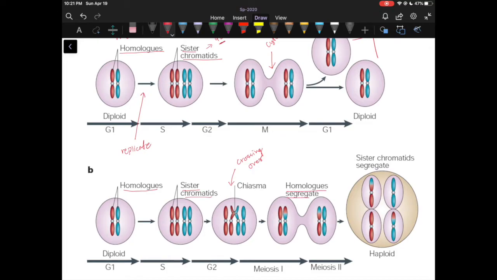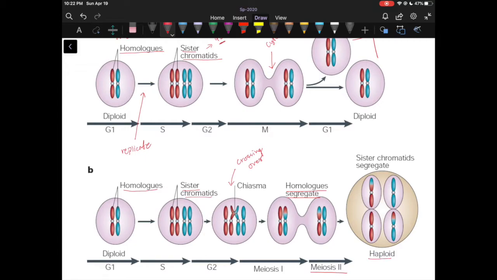And this process contributes to genetic variation, along with our homologous segregation as well. And we also have another thing known as random independent assortment, and all of those will contribute to the genetic variation that we see in our gametes.